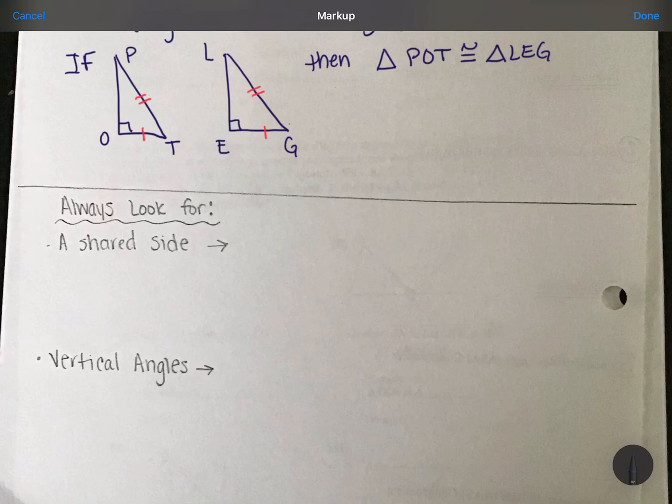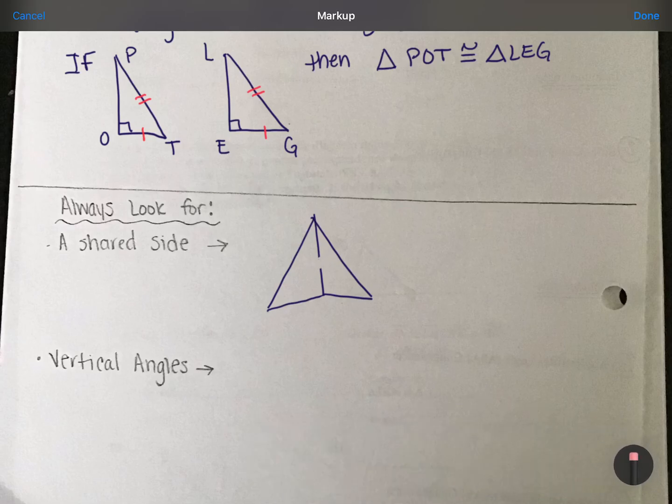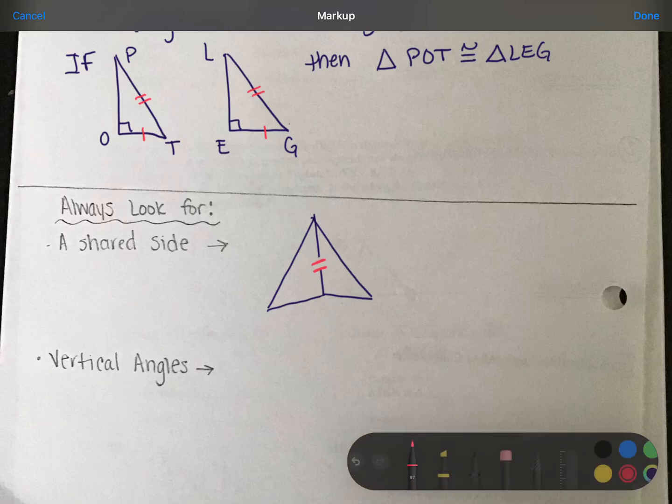So we're going to always look for a shared side. So what does that look like? That's if your triangles are touching, like this. So if you get a picture where your triangles are touching and they share a side, then you can mark those sides congruent because they're shared.